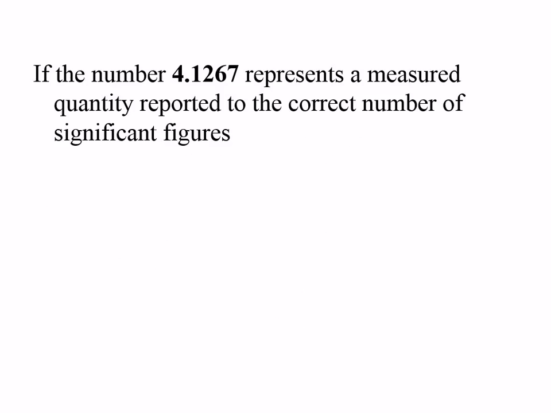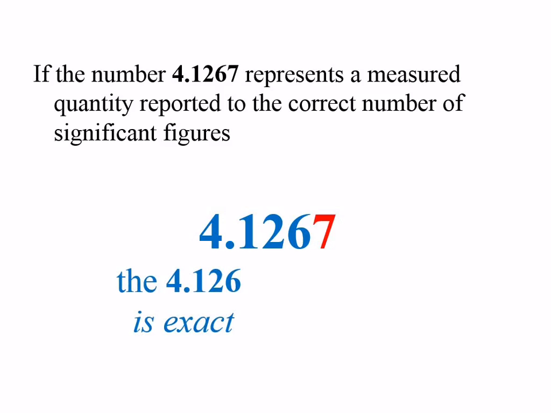Again, there's no pounds necessarily associated with this. But what we say in this number is that the 4.126 is certain. The value in the last place, that 7 in the 0.0001's place, is uncertain.